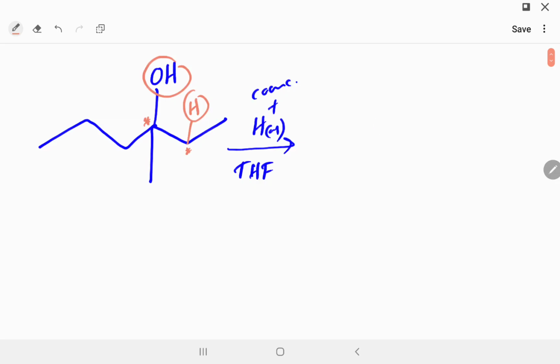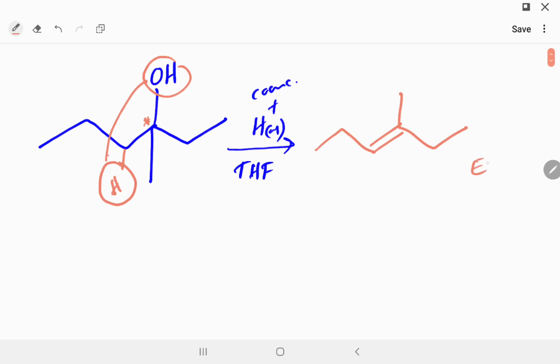And then let's try to use this hydrogen right here. Here is another option. You can remove a water molecule like this, and if you do that, you're going to get this product. Double bond right here. Then of course this, or this can also have E or Z. So you can expect both E and Z. So now we talked about 4 different possible products, right?